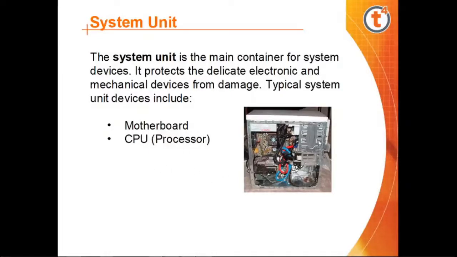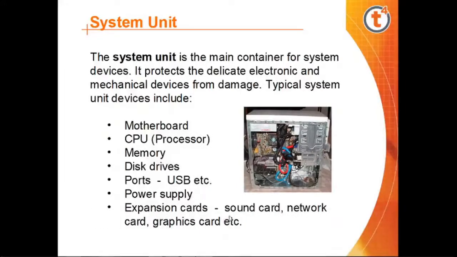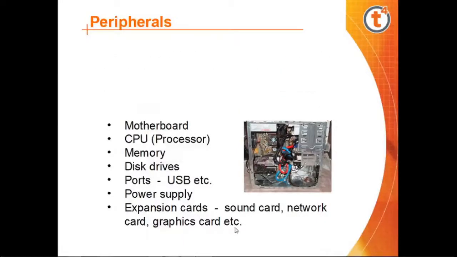We will see this in the next video. What parts are available in this? Memory to store all the processes and logical operations, disk drives, ports, USB ports, etc., and the power supply, extension card, sound card, network card, graphics card, etc.